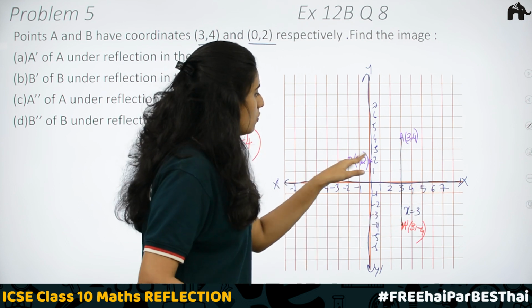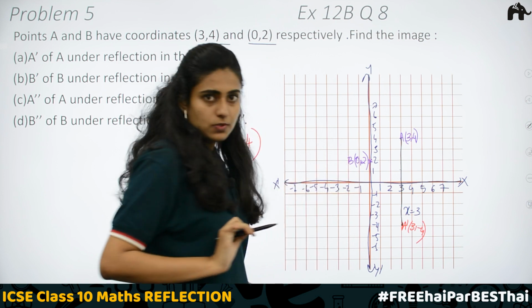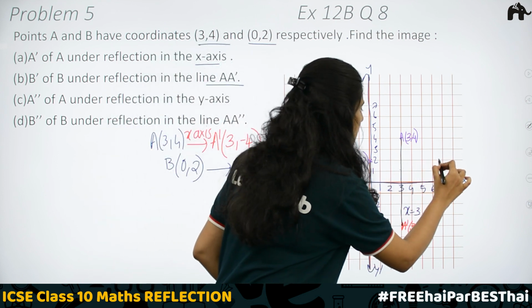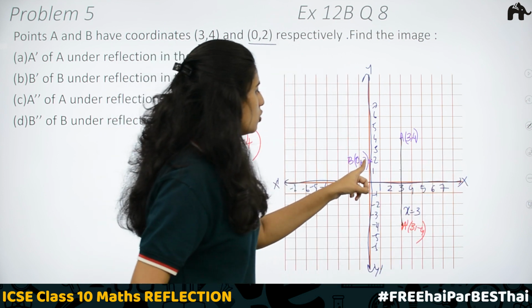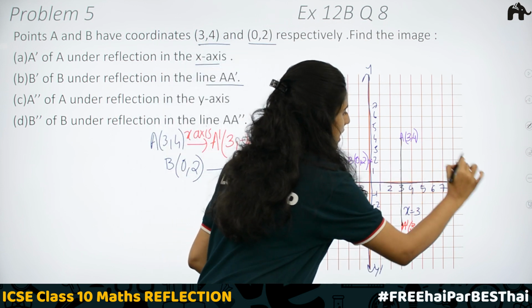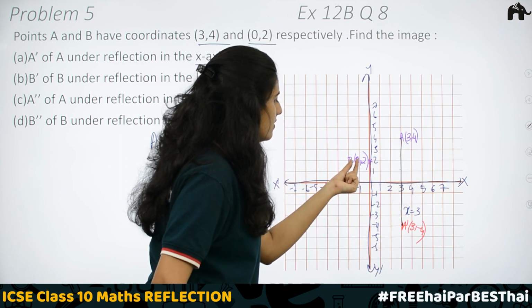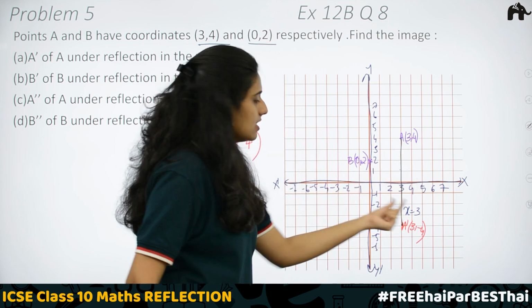Yes, what about y coordinate? Y coordinate will be the same. Here y coordinate is 2. Therefore, for the point B dash again, the y coordinate should be 2. Which means the point lies along this line. Okay, x coordinate we will check. Here we have 0, here we have 3, x is equal to 3.